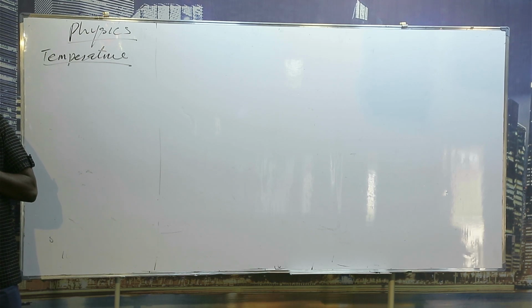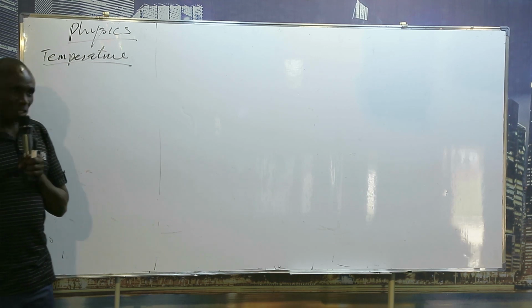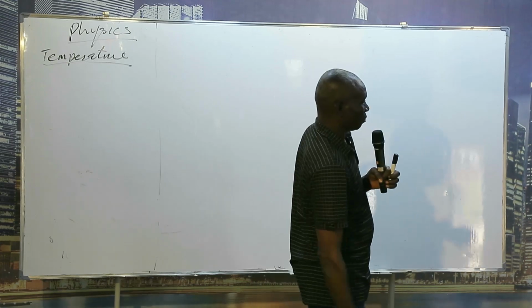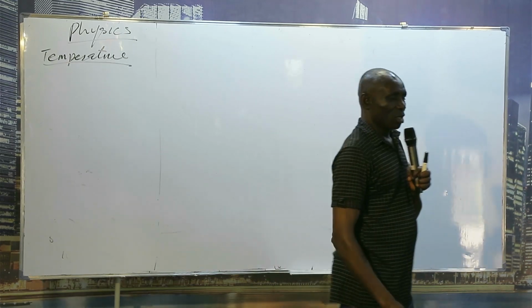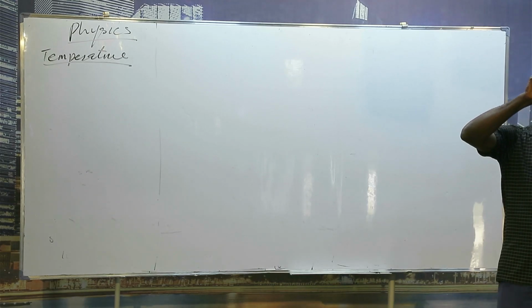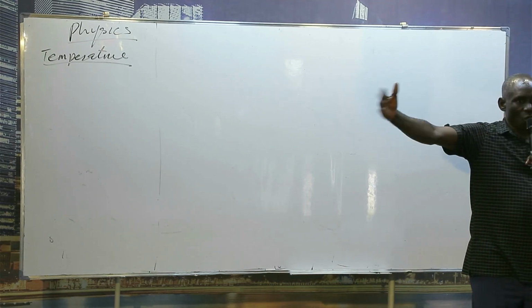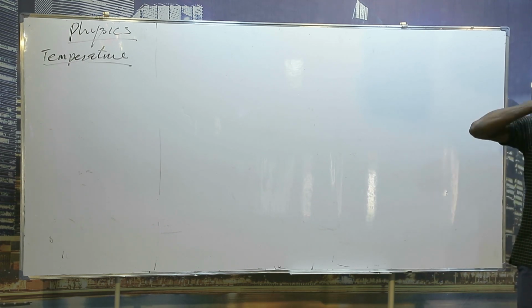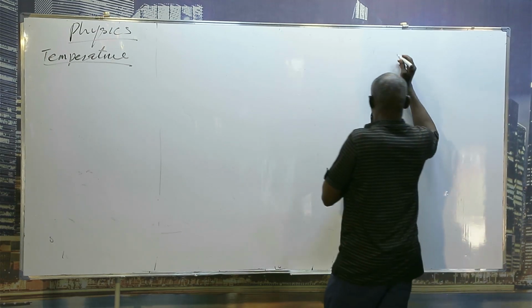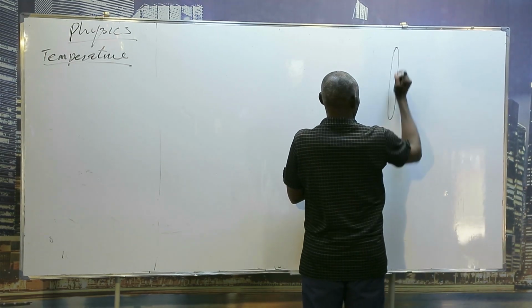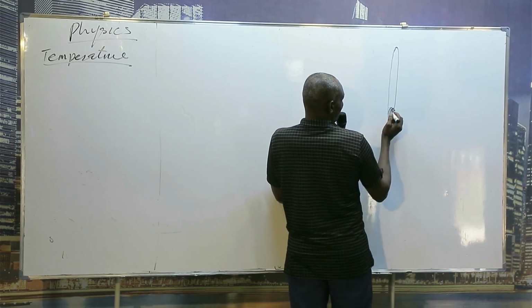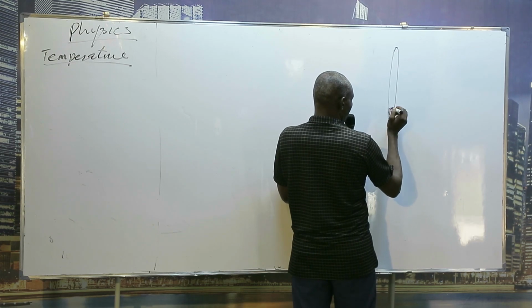The first thermometer is called liquid in glass. Liquid in glass has 2 types. One contains alcohol. The other one is mercury. That's why you call it liquid in glass thermometer. It is just a simple thermometer like this. This is the bulb.